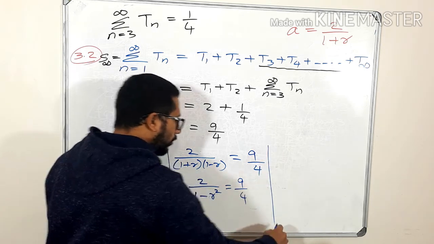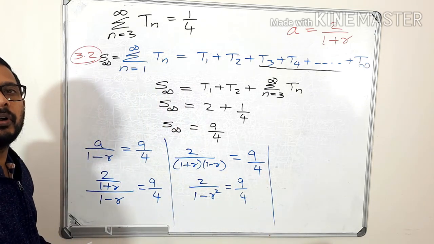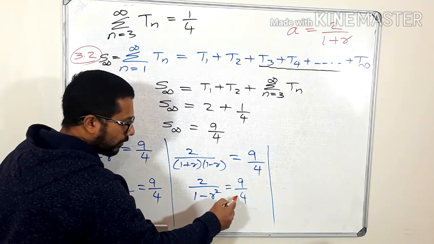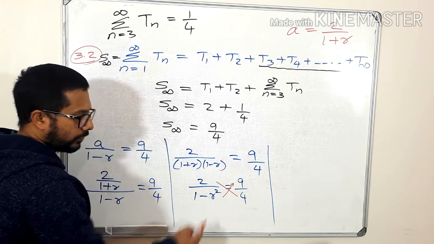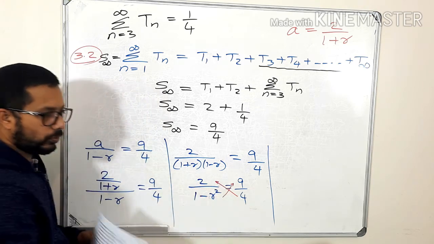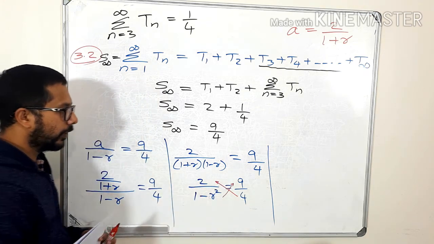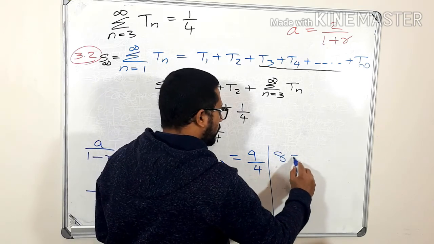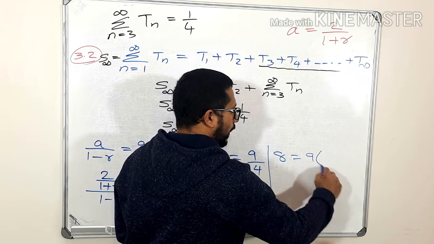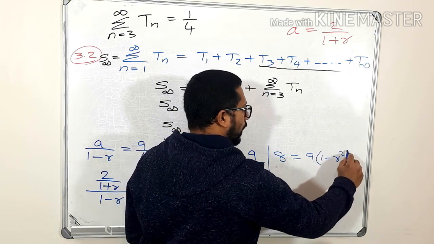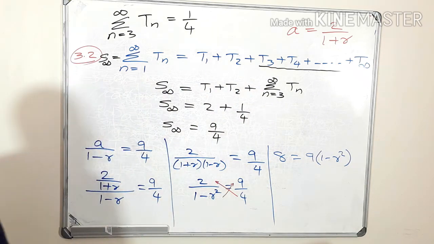So now you know what you are supposed to do. You have to cross multiply. This 4 will multiply with this 2 and this 9 will multiply with this 1 minus R squared. What is 4 times 2? That is 8. So 8 is equal to 9 times 1 minus R squared. I'm going to open a bracket, 1 minus R squared, so 9 times 1 minus R squared.